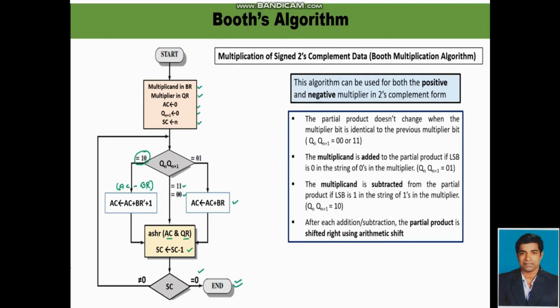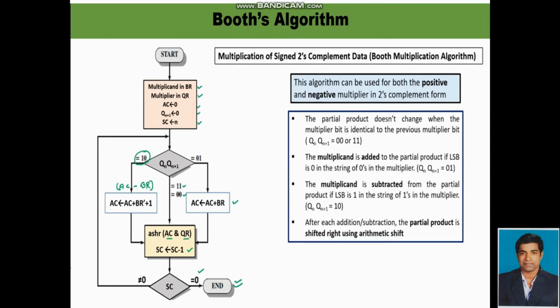The multiplicand is added to the partial product if the LSB is 0 in the string of zeros in the multiplier, Qn and Qn+1 equal to 0,1. The multiplicand is subtracted from the partial product if the LSB is 1 in the string of ones in the multiplier, Qn and Qn+1 equal to 1,0. After each addition or subtraction, the partial product is shifted right using the arithmetic shift.